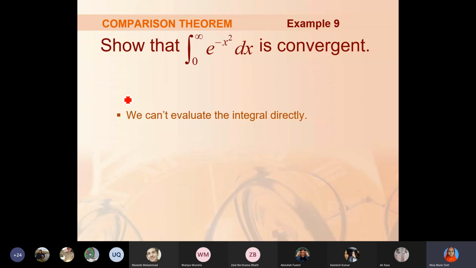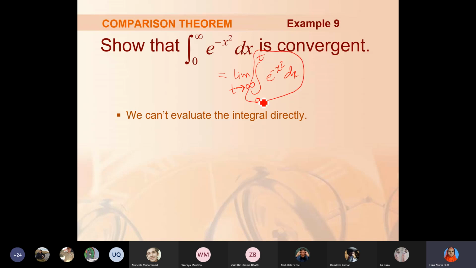Let's see some examples. Show that the integral of e to the power minus x square dx from 0 to infinity is convergent. We can write it as the limit of the integral from 0 to t as t approaches infinity, but I am unable to integrate this.